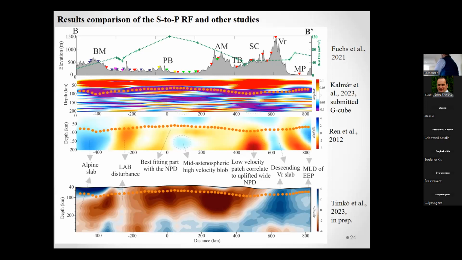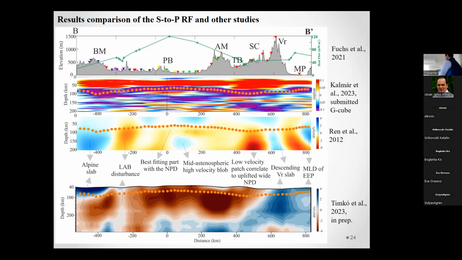This is the topography of the section, and this is the heat flow curve of the section. The second panel shows our migrated results with the negative phase depth interpretation. And the third section is a Vp velocity perturbation model by Renatal 2020.